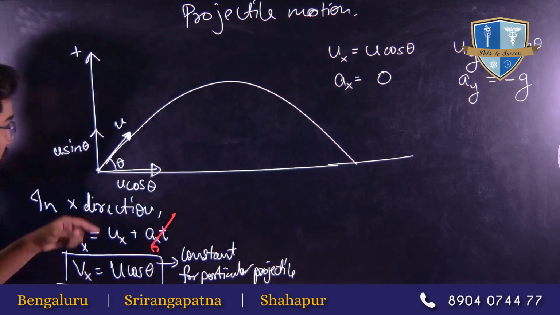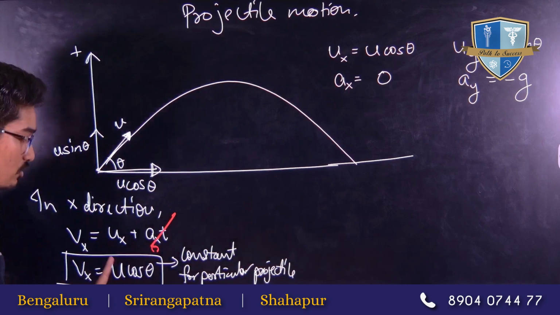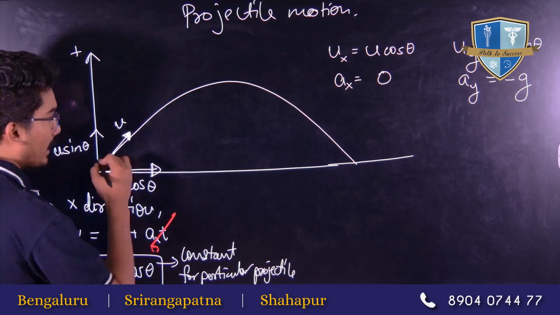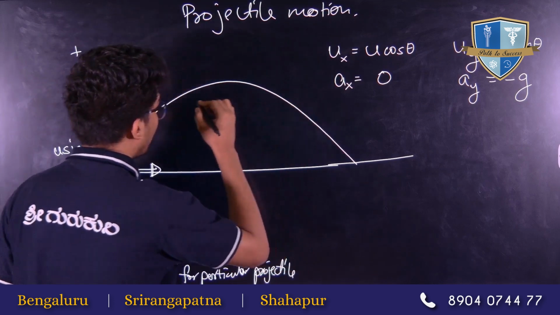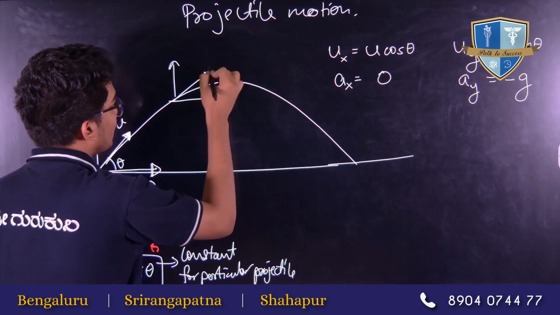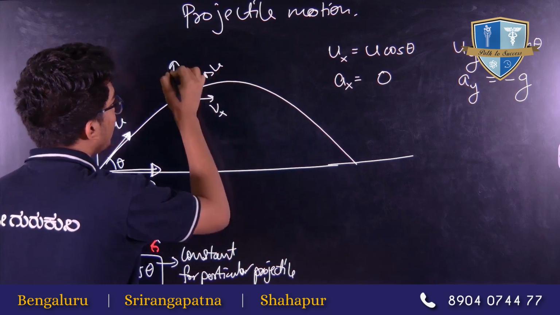If we change the velocity and theta, then it will change, or else it will remain constant. It means at any point, if you find the velocity, for example here, we will have some velocity v and you will take components vx and vy.